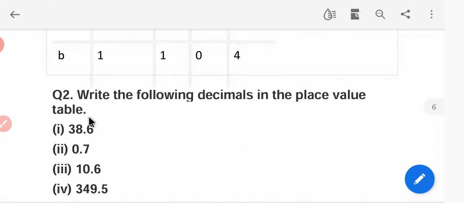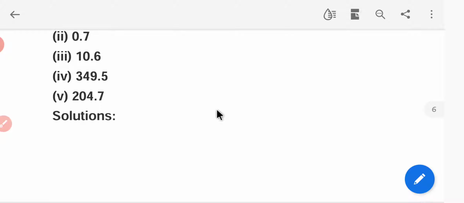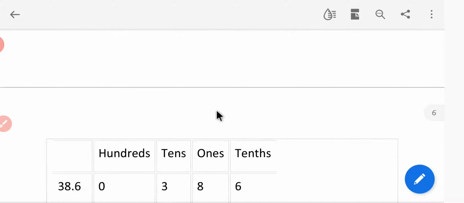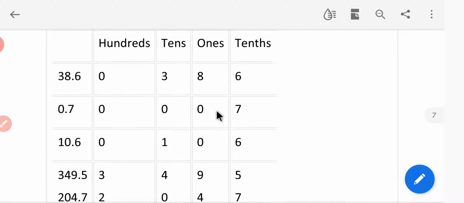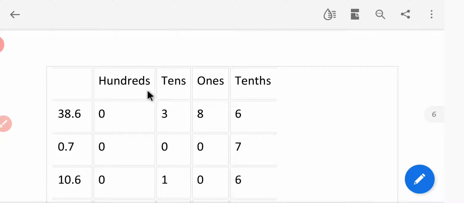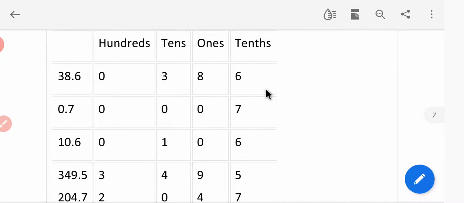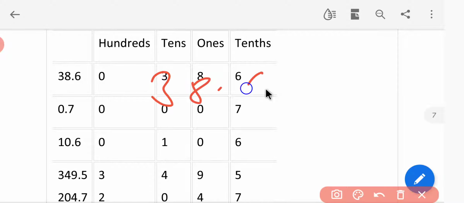Then see the next one, you write the following decimal in place value chart. We have to write this number in which chart? Place value chart. So first of all you have to write all the places given. Which are the places? Place value कौन कौन सी होती है? Ones, tens और hundreds, and after decimal it will start from tenths. So first one is given 38.6. 38.6.